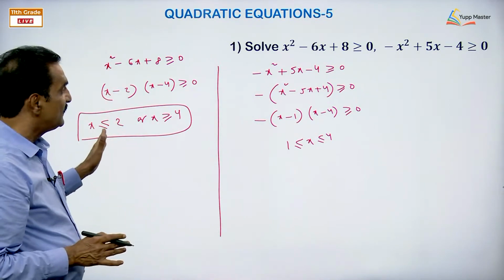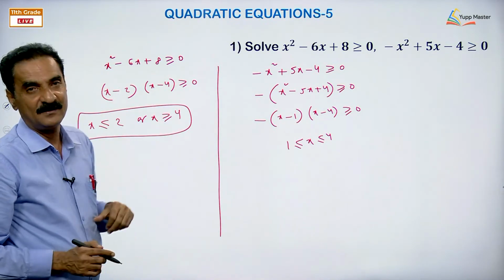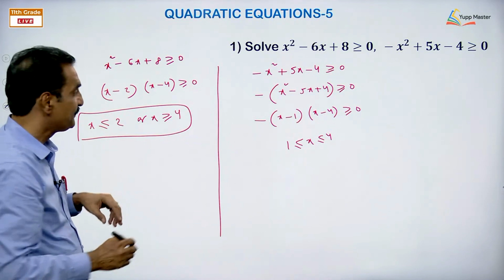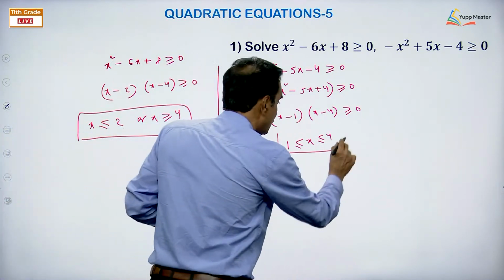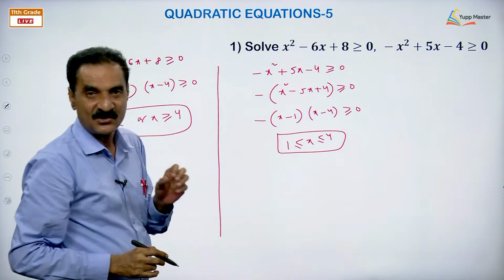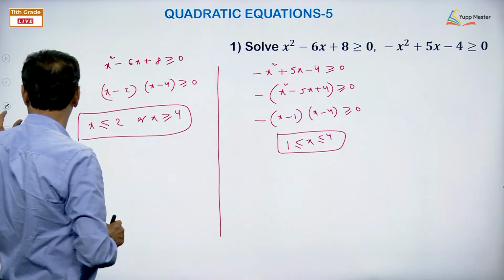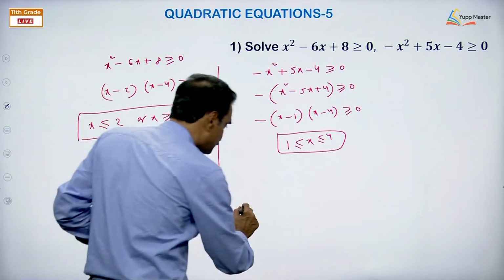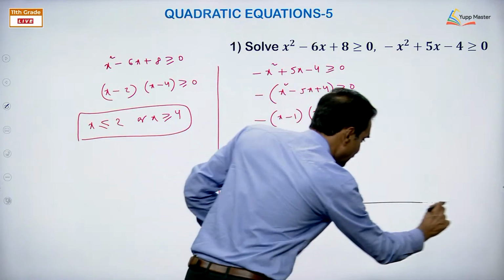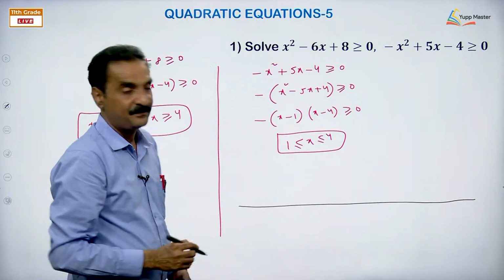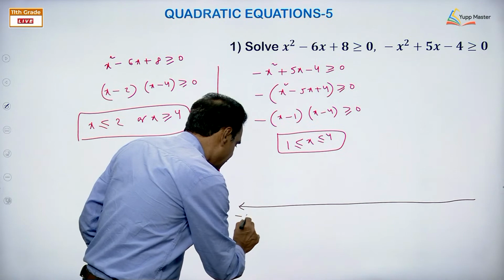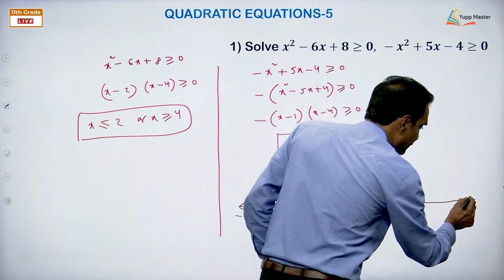Now, we want the common interval. How to get the common interval? You locate these two intervals on the real number line. Suppose this is the real number line, this is minus infinity, this is plus infinity.